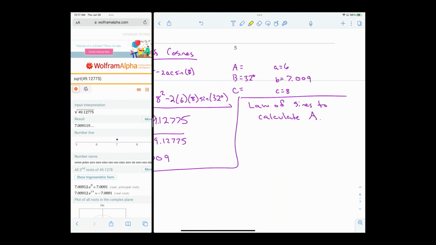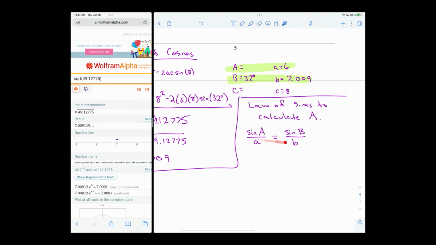Now we're doing law of sines. We'll use the b because we know the B's, and we're calculating A, so we use the a. So the version that we want of law of sines will be this one, sine A over a equals sine B over b.